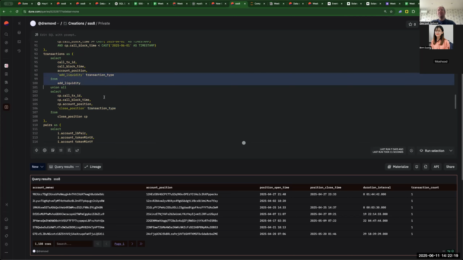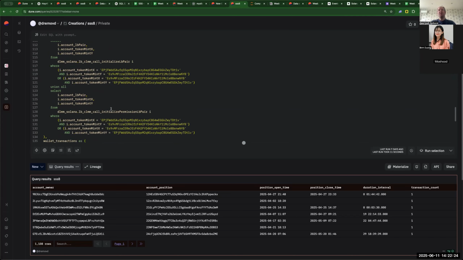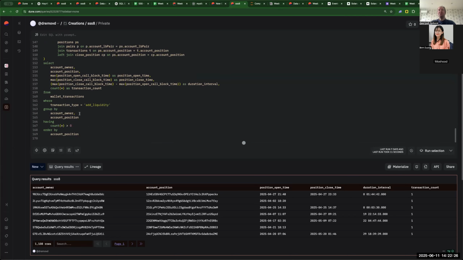So only filtering by add liquidity and close position. Here, for me, I am filtering all the events with at least one add liquidity. But again, that could give a very similar or the same result. I will post both my query and Edmund's, so you can compare.